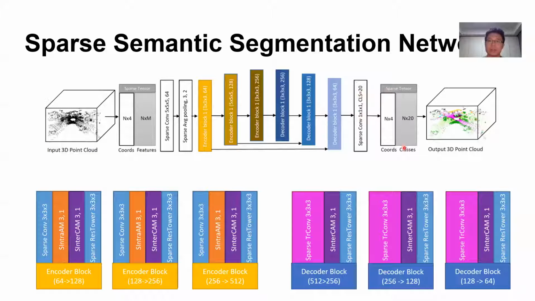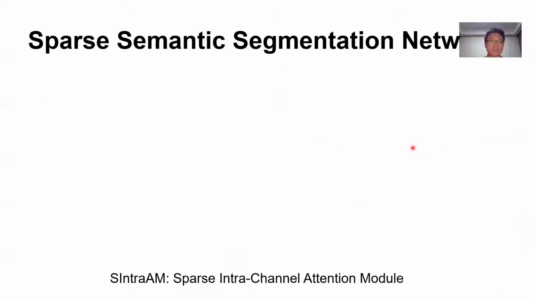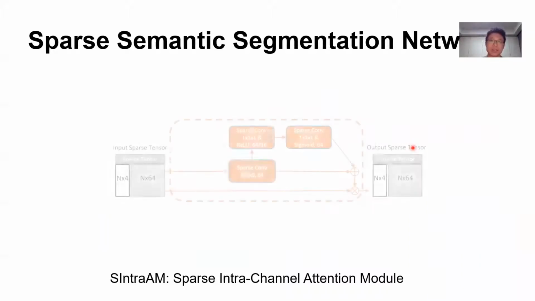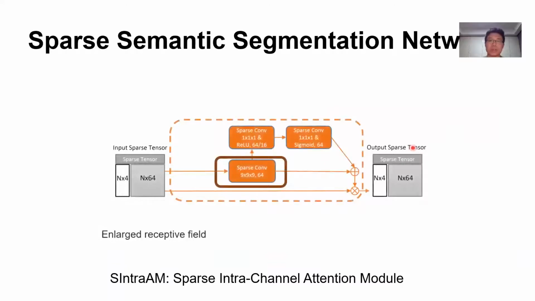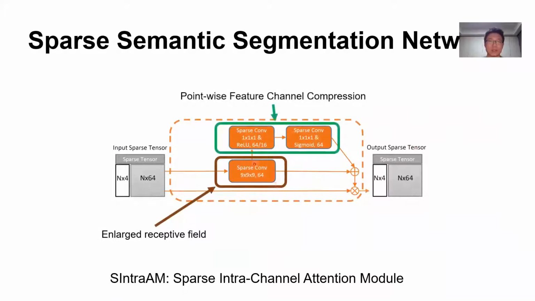Now we are going to introduce the modules mentioned above one by one. Let's start with the sparse intra-channel attention module. The sparse intra-channel attention module extracts the sparse tensor feature in a very large receptive field. Then, a point-wise feature channel compression layer compresses each point's feature vector column-wise, also known as channel-wise.